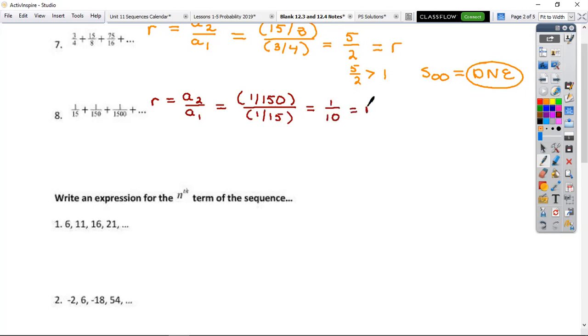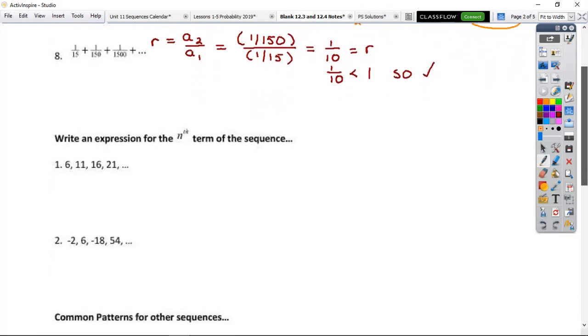All right, this time is it possible? Yes. So I'm going to say here that 1/10 is less than 1. So good to go. Now you're going to just place that into your formula.